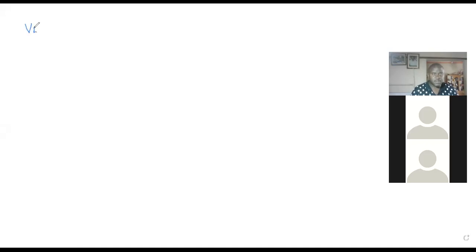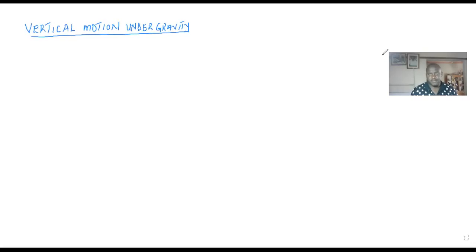then we can introduce what we call vertical motion under gravity. We have always been looking at what we call linear motion, and linear motion was looking at bodies moving horizontally on a given surface.